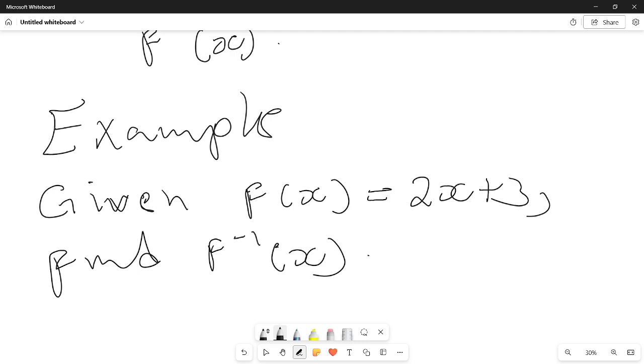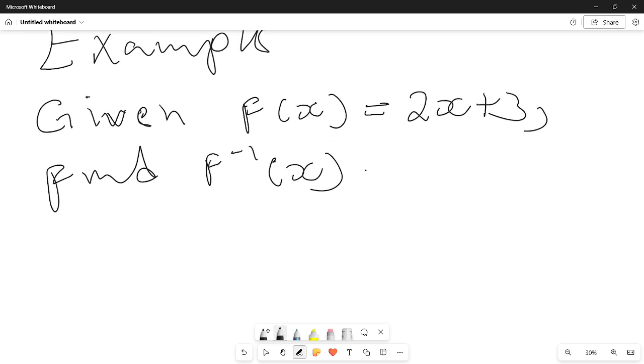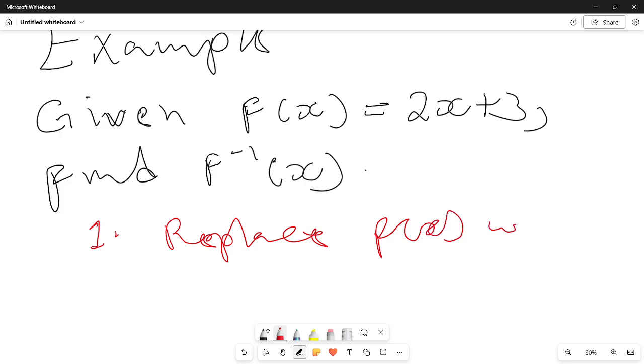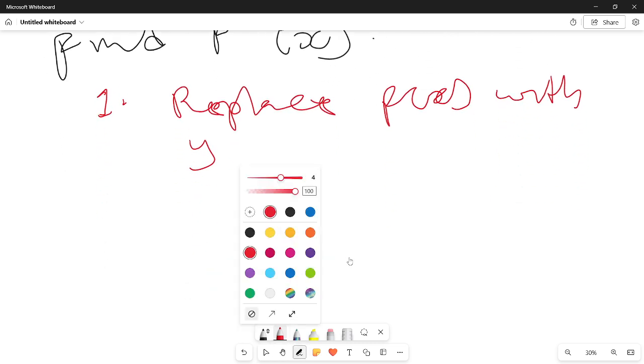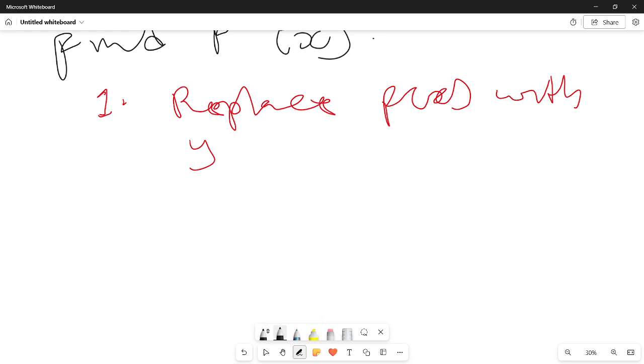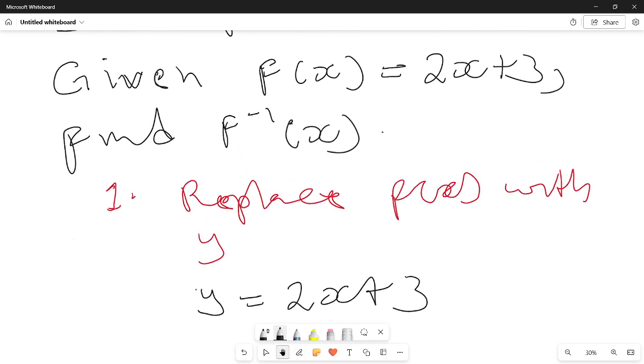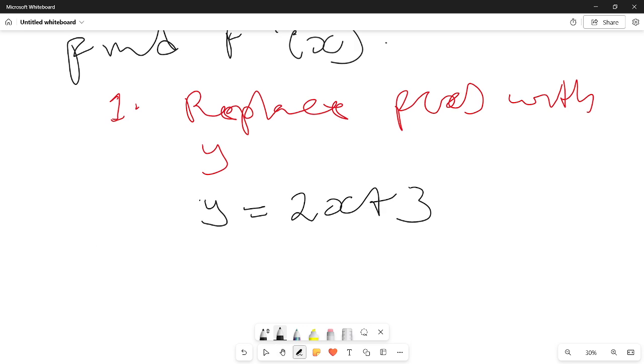So following the steps, step number 1, replace f of x with y. So replacing f of x with y, we are going to have y equal to 2x plus 3. So where there is f of x, we have put now y.